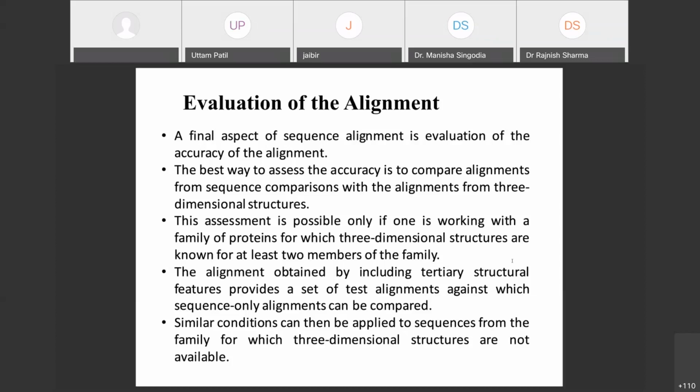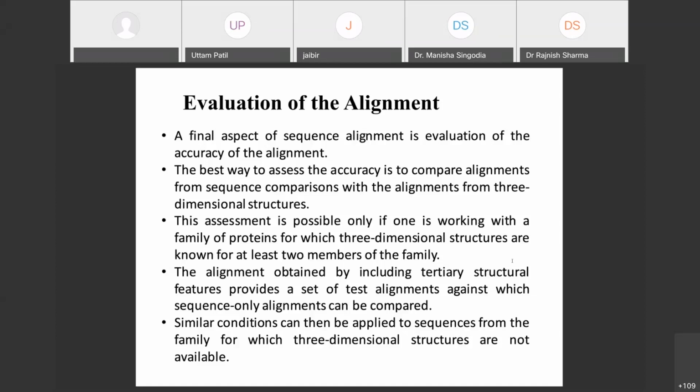But this assessment is only possible if you are working with a family of proteins for which you already know the 3D structures. If there is no known 3D structure, then it would be very difficult to do this. The minimum requirement is that you have at least two members of the family, and then you can say, okay, I have used multiple sequence alignment, I have got this particular alignment, and as I can compare with the 3D structure, the alignment looks good to me. So that can be a very good strategy.